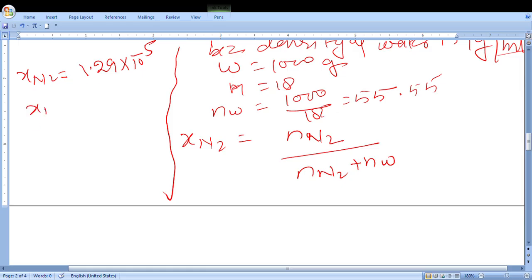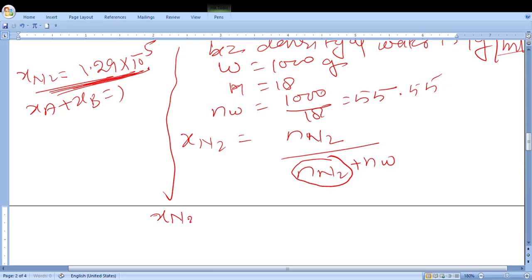Since we know XA plus XB equals 1, the mole fraction of nitrogen, 1.29 into 10 to the power minus 5, is very less than that of moles of water. So we will leave this denominator value. Then we will calculate the moles of nitrogen by multiplying 55.55 with the mole fraction. So X of N2 will be now N of N2 upon N of water.